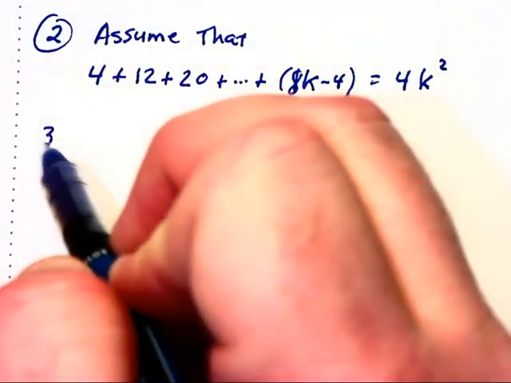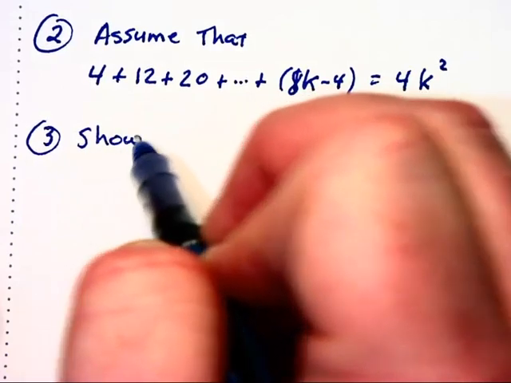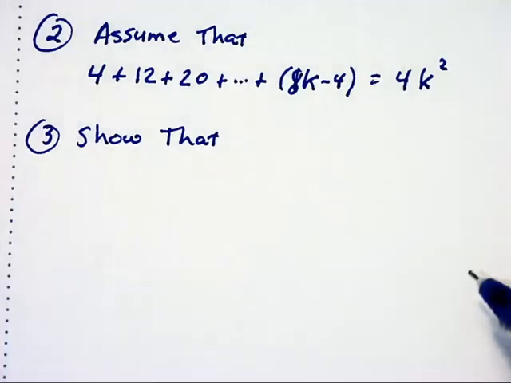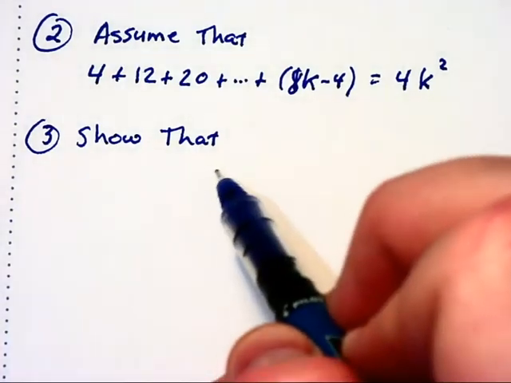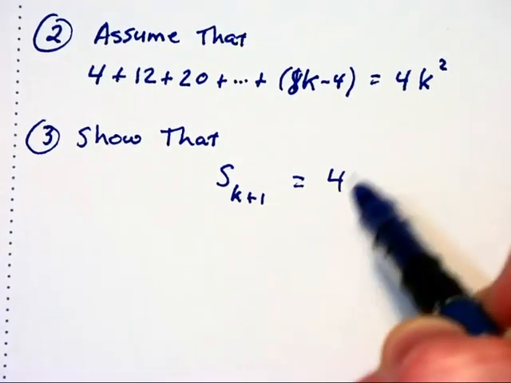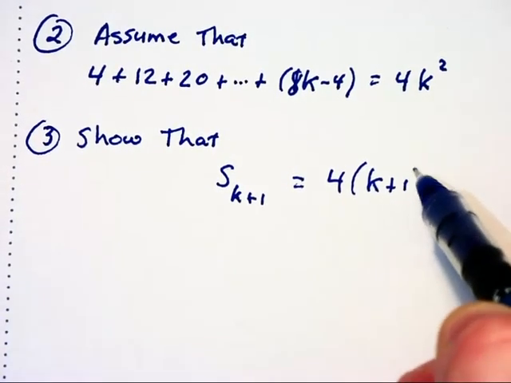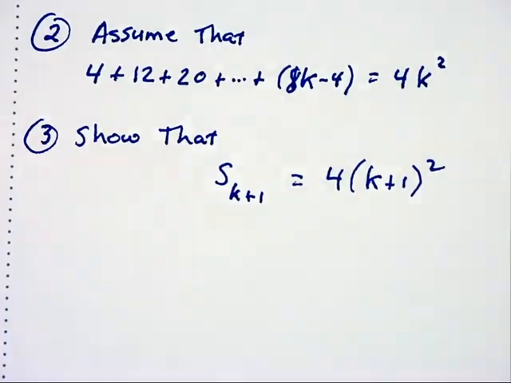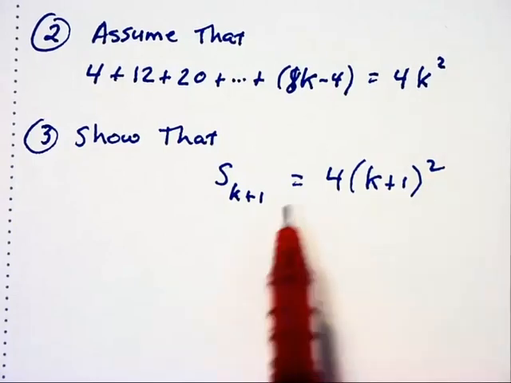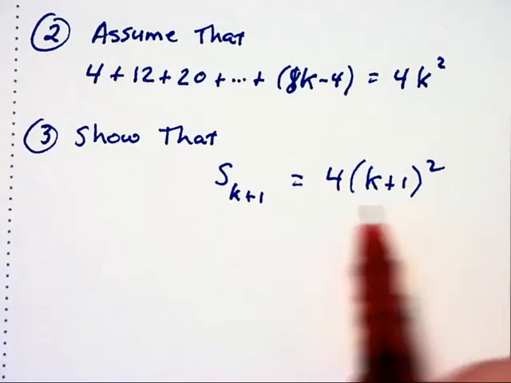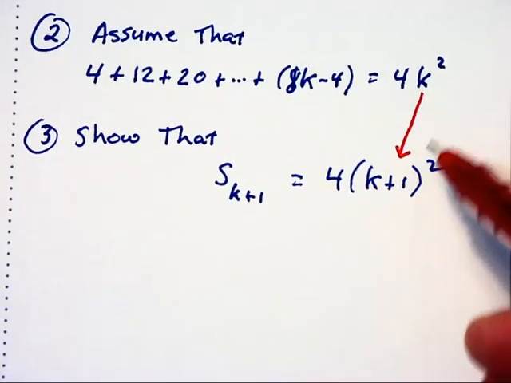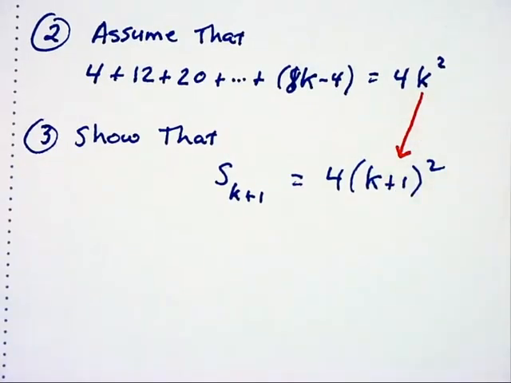And then we want to show that the sum is going to work when we substitute in k plus 1. So show that the sum of the first k plus first terms is equal to 4 times k plus 1 squared. When you go up to the kth term, it adds up to 4k squared. So when you go up to the k plus first term, it should add up to 4 times k plus 1 squared, changing the formula so that each k becomes a k plus 1.